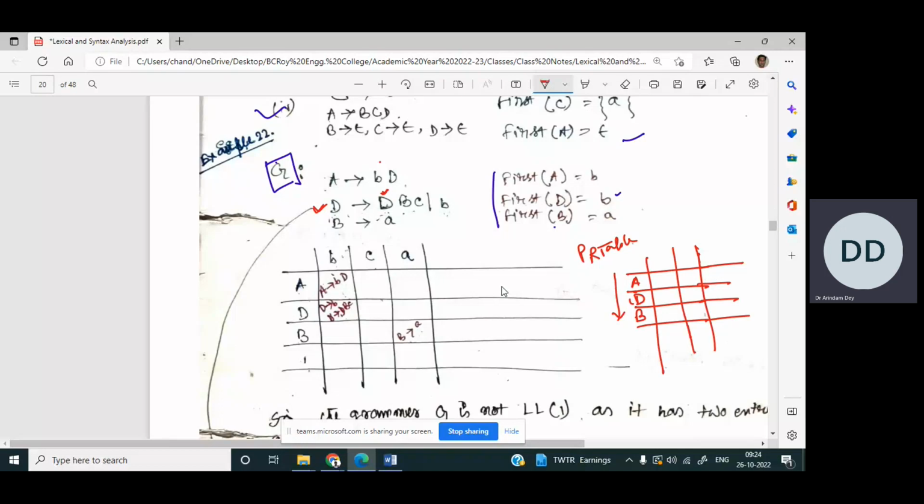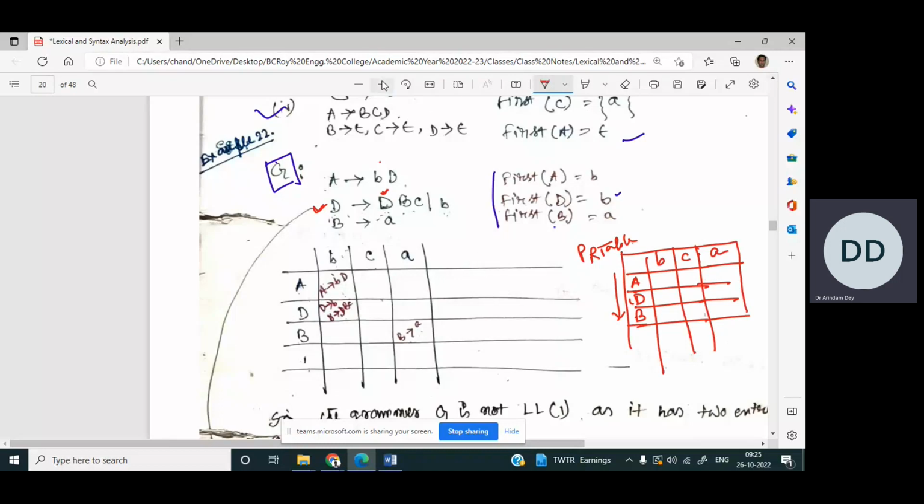Set of terminals means small b is there, small c is there, and small a is there. So the table that I have prepared over here is called the predictive parsing table, right? In this table, some cells remain vacant. Our focus is to fill the cells with some productions, correct?